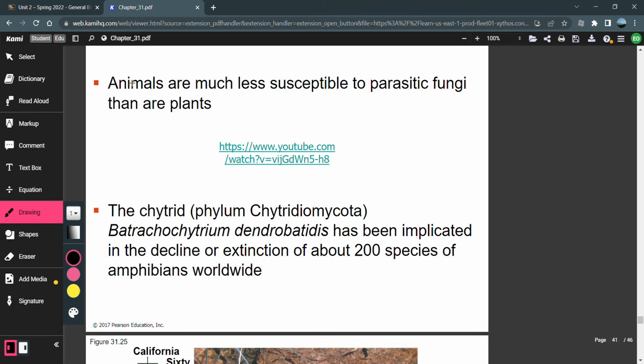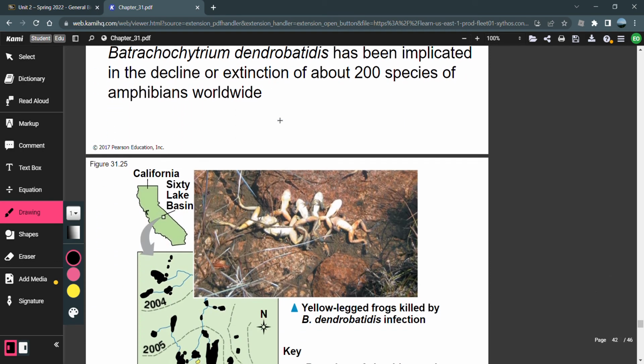So, us humans and animals are not greatly affected by parasitic fungi. Plants are more the victim.